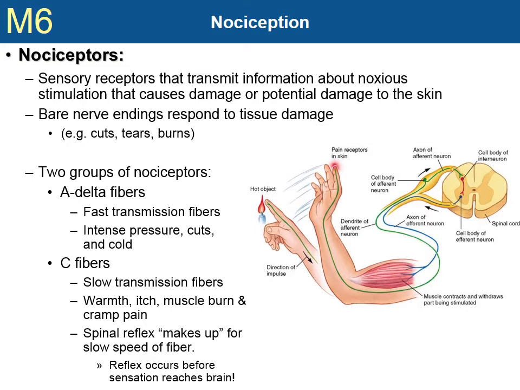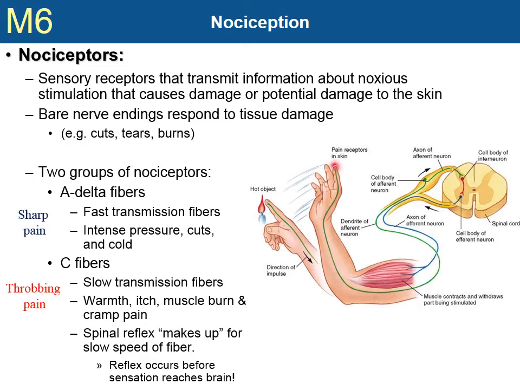This sensory neuron synapses with a small interneuron in the spinal cord, which synapses with a motor neuron, which causes the arm muscle to contract, pulling the finger away from the heat. All of that happens before the brain even detects that a hot stimulus was sensed.